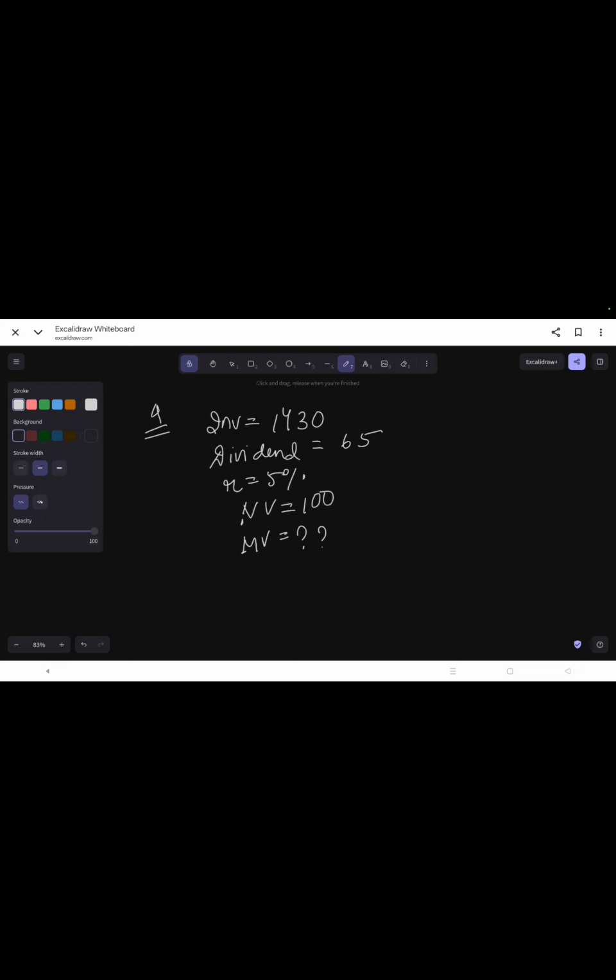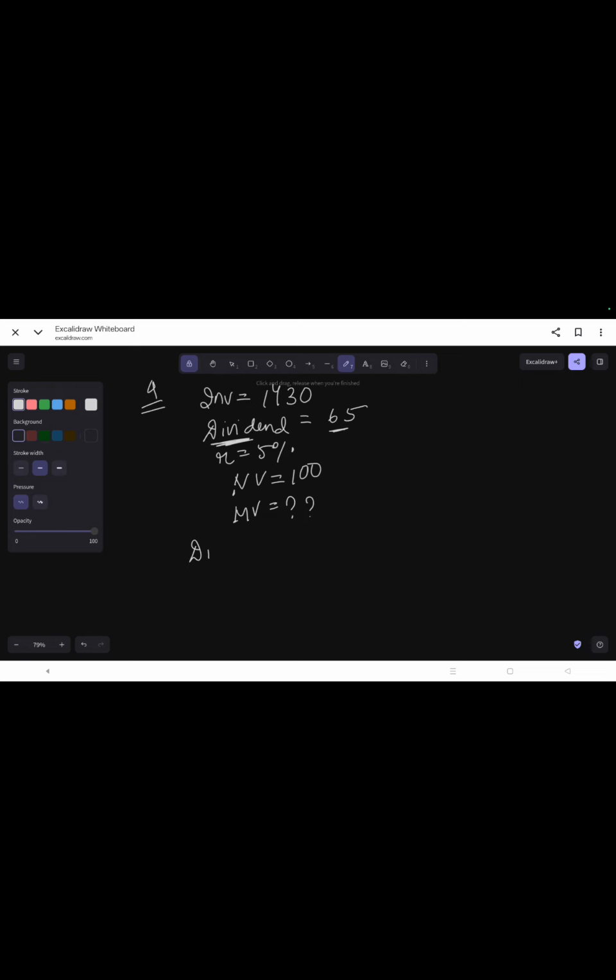Simple, just simple. Now we have the dividend value of 65. The dividend equals N into NV into rate percent. N is the number of shares, and the number of shares is not given.